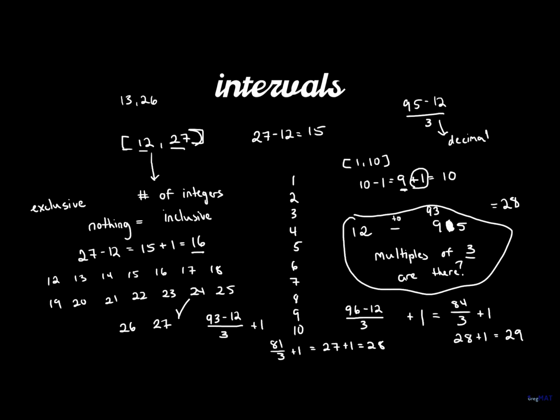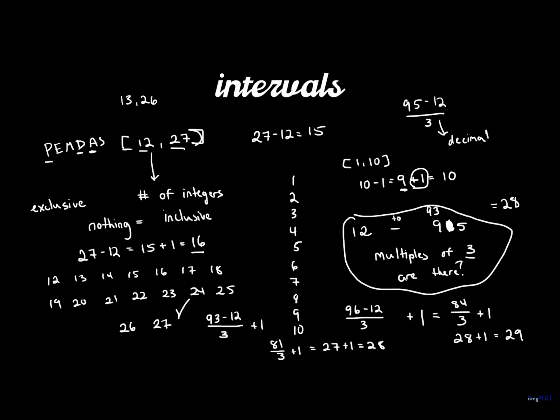But I don't understand why that is a problem. Are you familiar with PEMDAS? Yeah. So you do the parentheses, and you do the division before the addition. What you have to do is divide before you add.